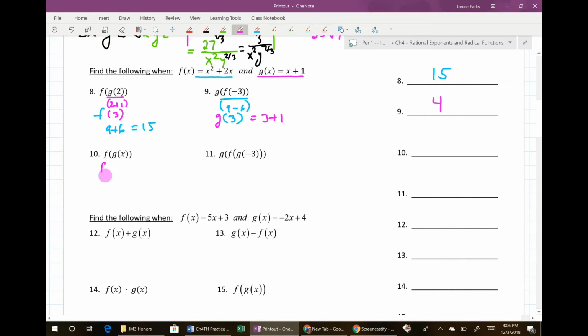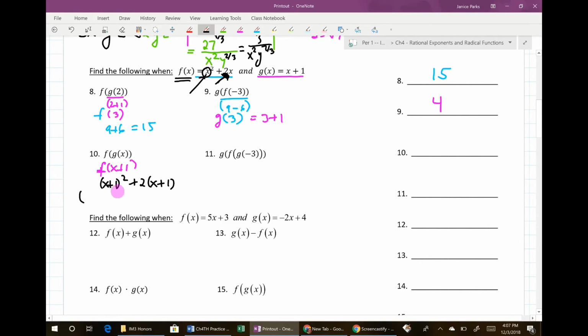F of g of x is going to be f of x plus 1. So you're going to put in x plus 1 for all of the x's in the f of x equation. So you're going to do an x plus 1 squared for that x. And you're going to do 2 times x plus 1 for this x up here.